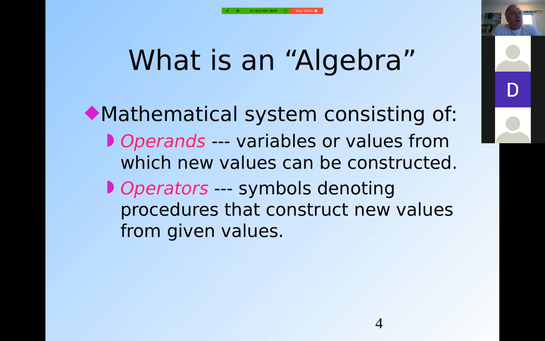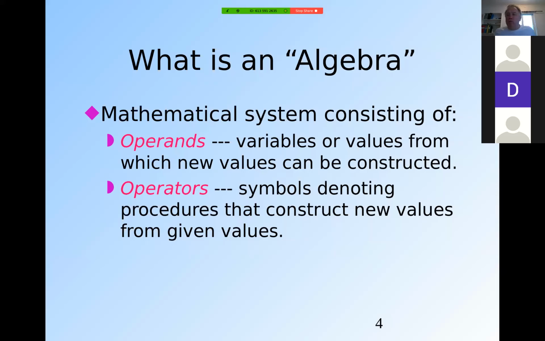And then the operators are ways that you combine operands and yield operands. That's the key issue: algebras are closed. You have a set of objects in the universe for the algebra, and then you have operators like plus, minus, division, multiplication. These are the classic ones in arithmetic.